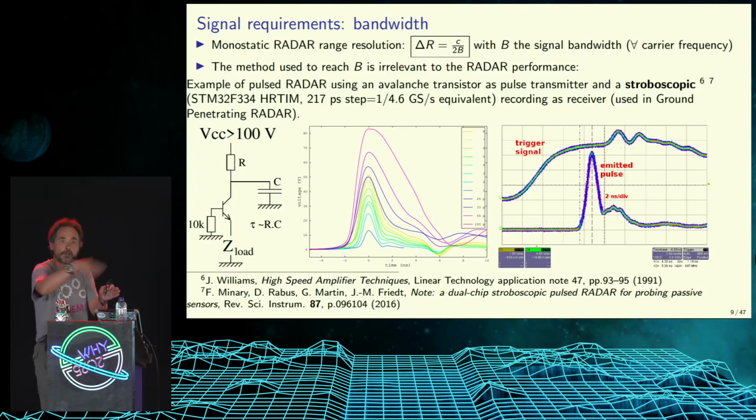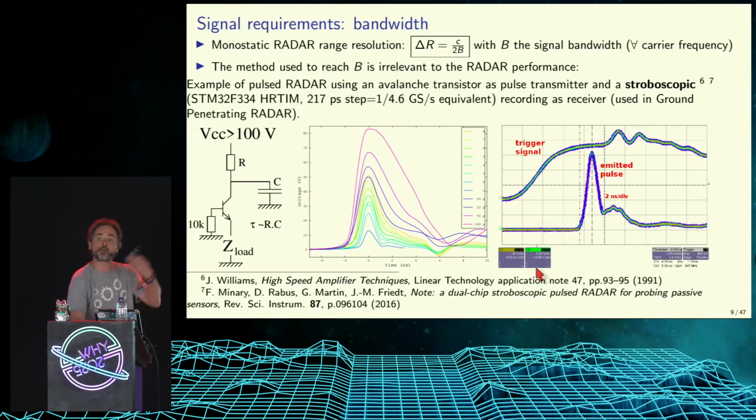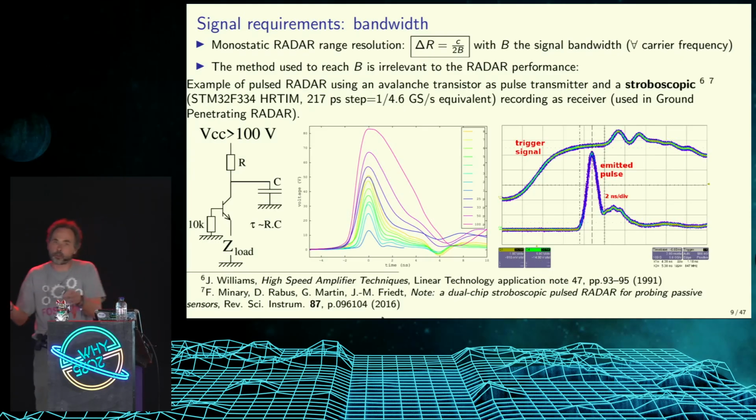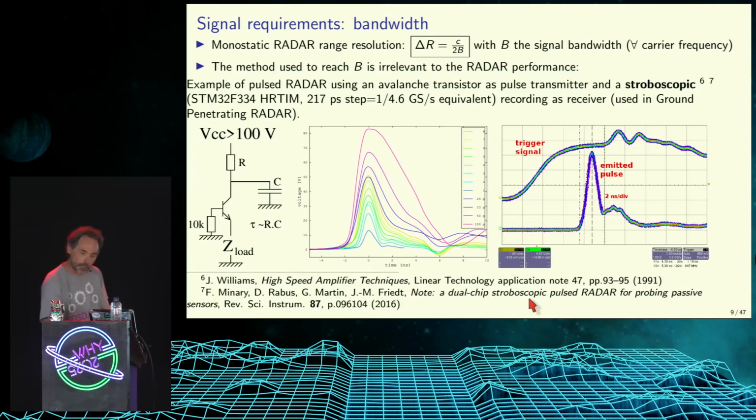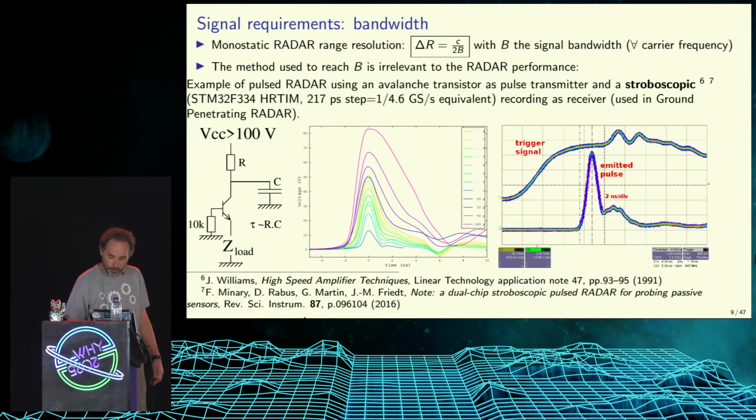You can repeat the pulses and measure at one time, then 200 picoseconds later, 200 picoseconds later, and you have an equivalent sampling rate of 5 gigasamples per second, even though your microcontroller is only running at a few tens of megahertz. So if you're interested, you can make a very cheap, low-cost ground-penetrating radar using these techniques, addressing pulse radar.